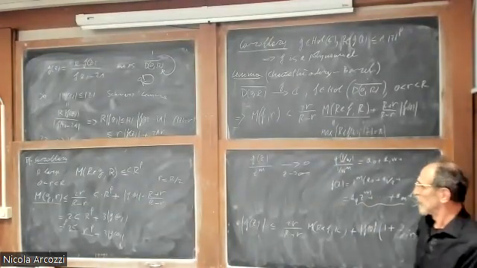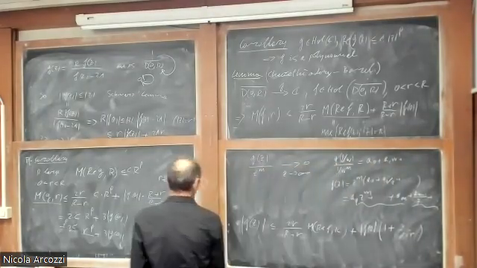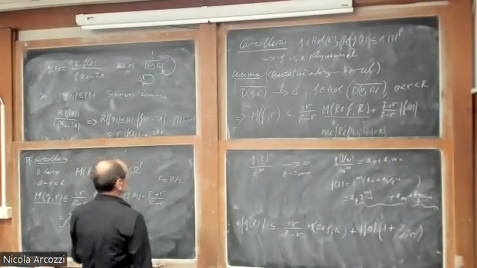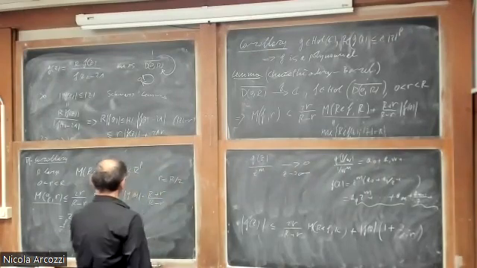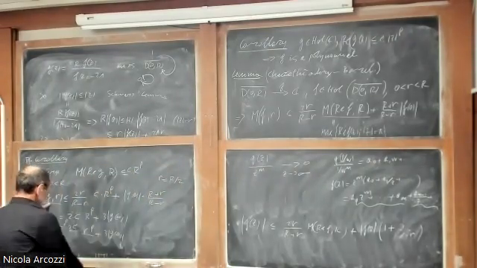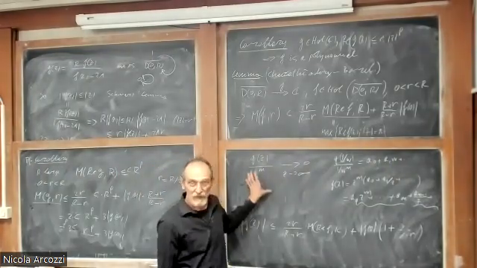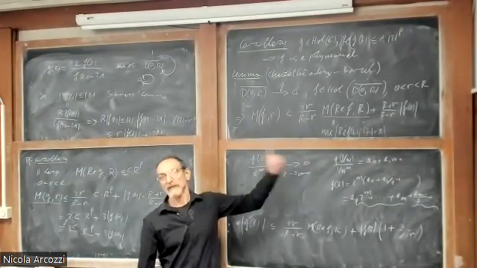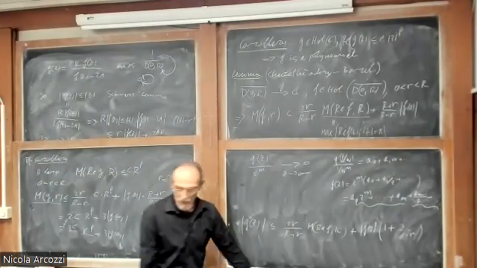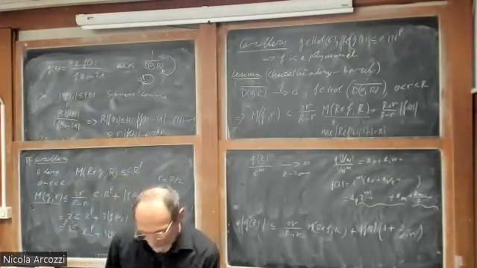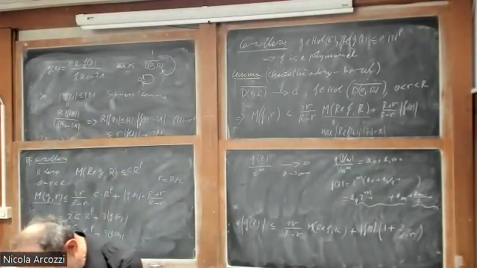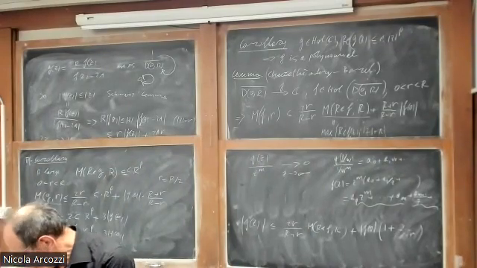Anyhow, from this estimate, you get that this is 2, and if this is 2 and G is entire. Okay. Let me just tell you, this ends the proof.